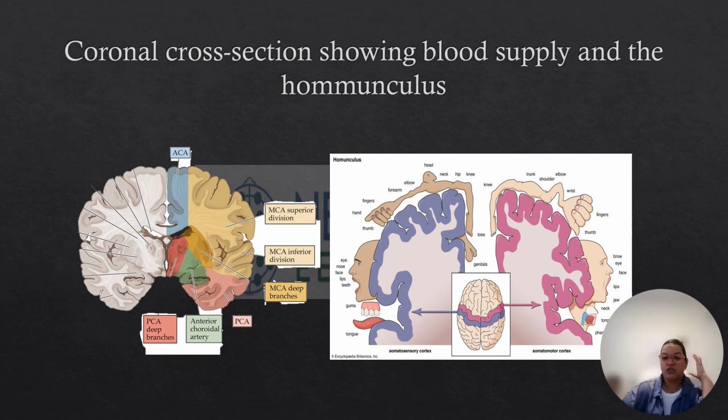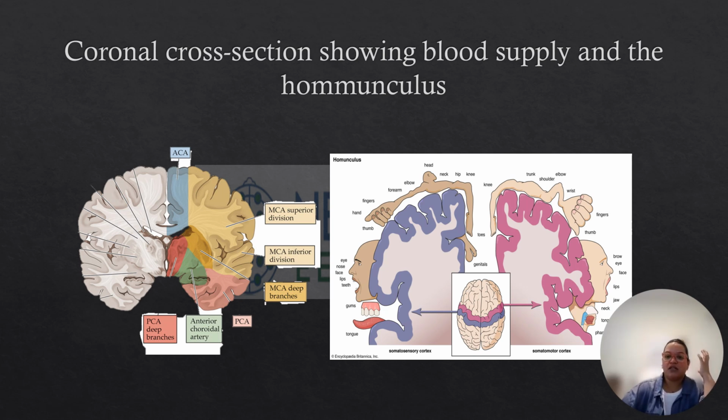However, the language center is not going to be affected because it's on the left, and we're talking about a stroke on the right, okay? So the patient is still going to have preserved speech skills.